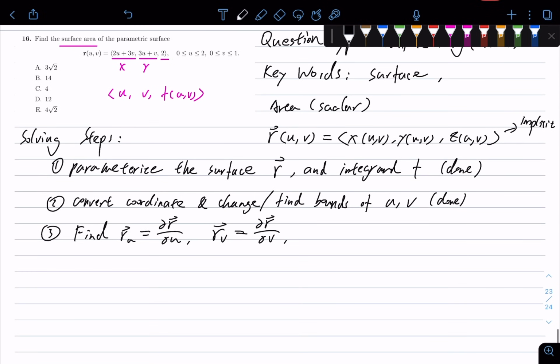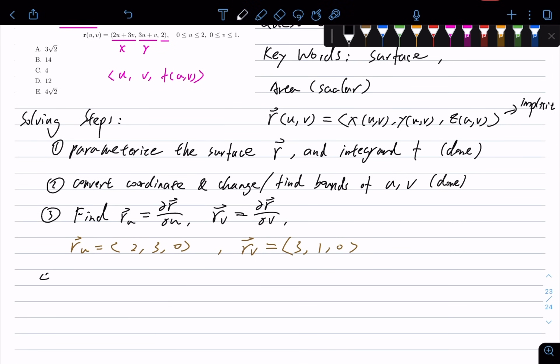Okay, so in this case, r_u is just going to be (2, 3, 0). You can compute this partial derivative really quickly, and then r_v equals (3, 1, 0). You just take the partial derivative of this r of u and v.